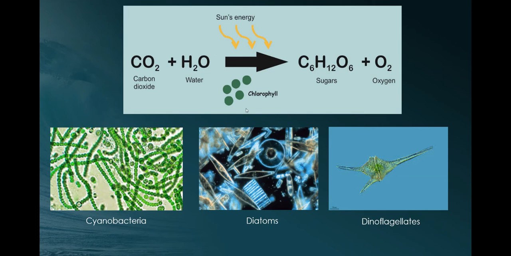Plants use chlorophyll, which is a type of pigment, and that chlorophyll can take the sun's energy and it can recombine these elements into sugars and into oxygen. So you can see there's still carbon, hydrogen, and oxygen coming out, but in different form.